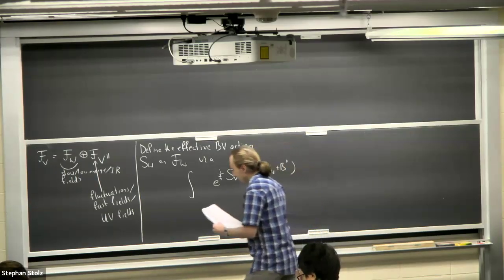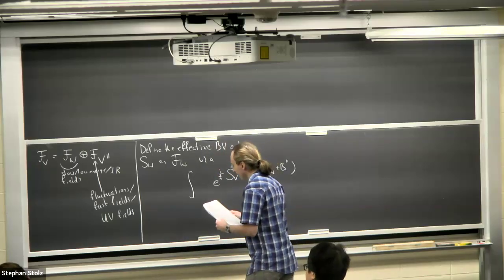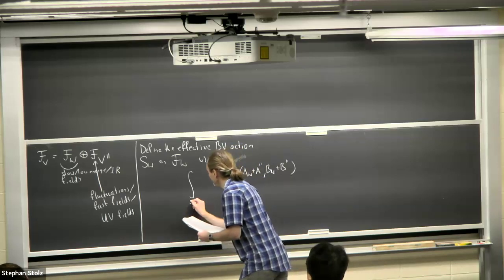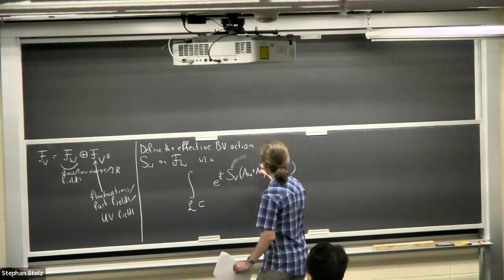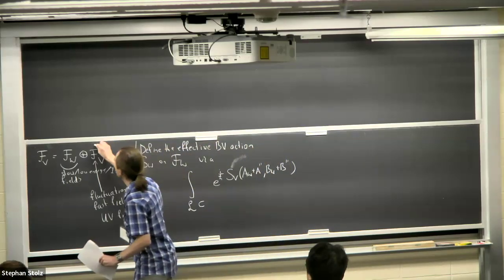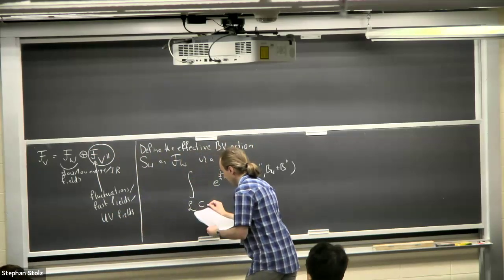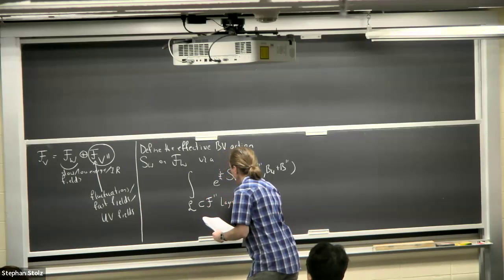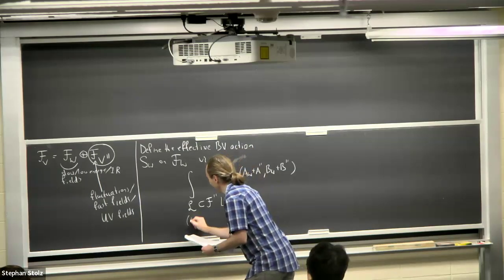I want to be more precise about how I integrate here. I want to integrate over a linear Lagrangian subspace inside the second summand.